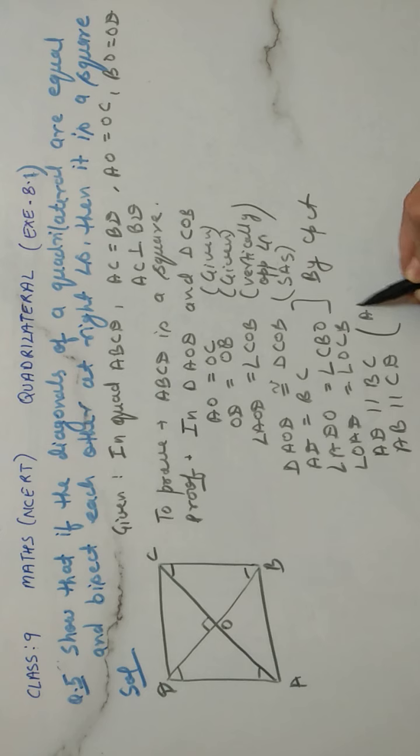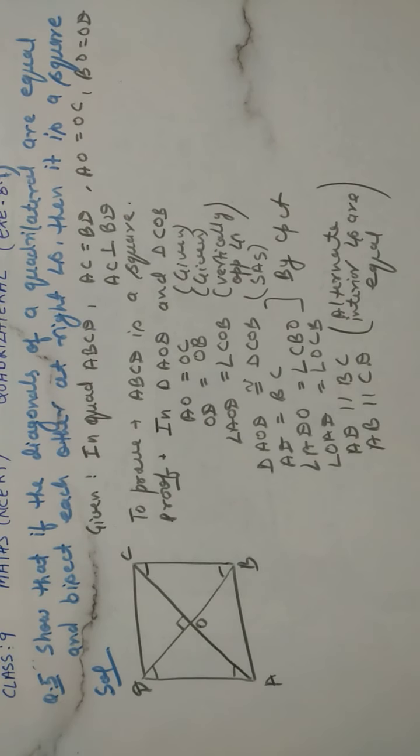Reason: because alternate interior angles are equal, so lines are parallel. And once lines are parallel, you can say that this given ABCD is a parallelogram.